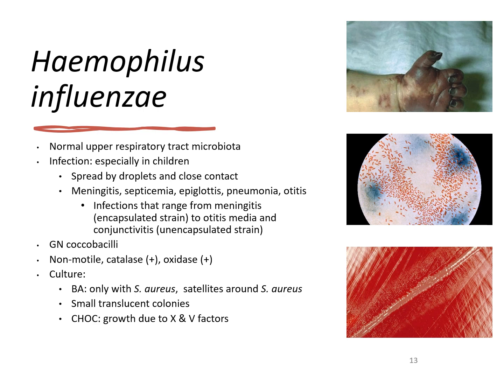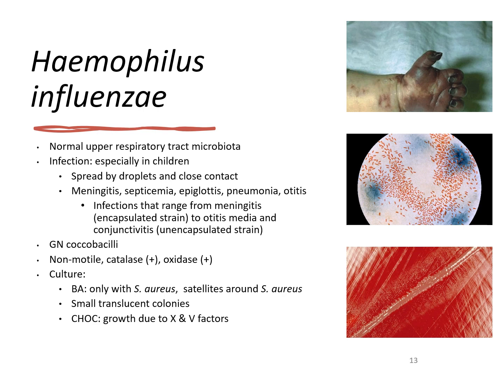Haemophilus influenzae is normal upper respiratory tract microbiota. It causes infections, especially in children, and is spread through droplets or through contact. It can cause meningitis, septicemia, and pneumonia.